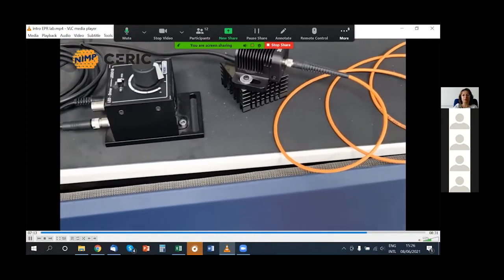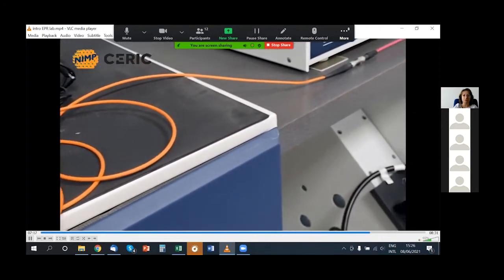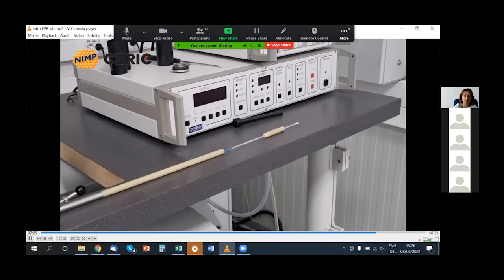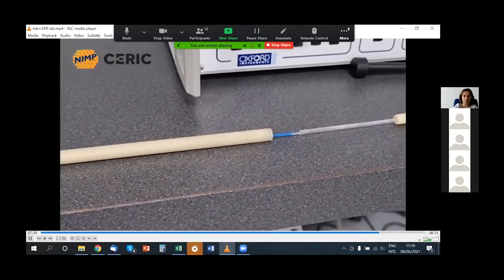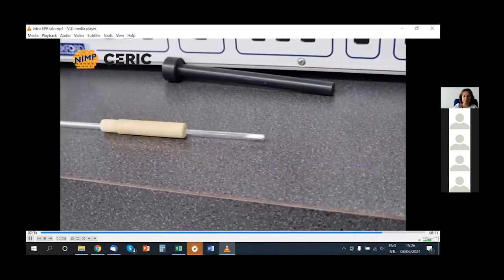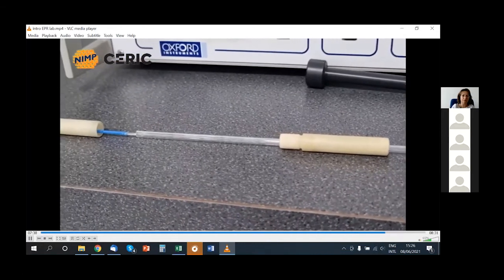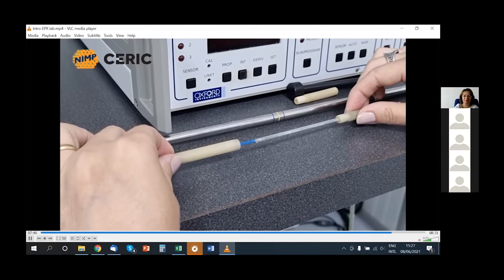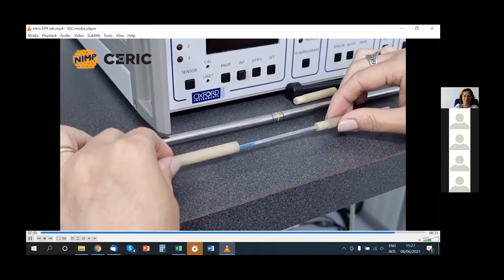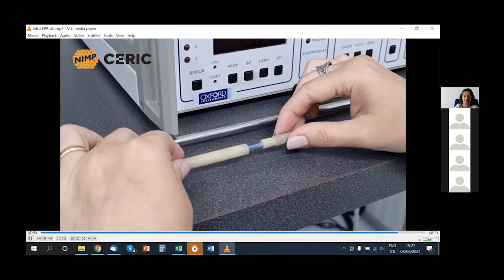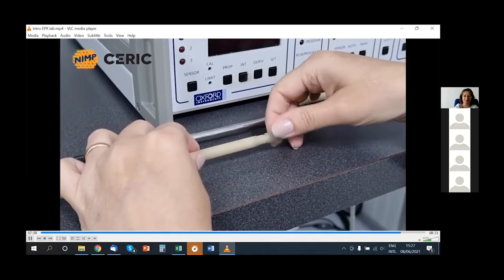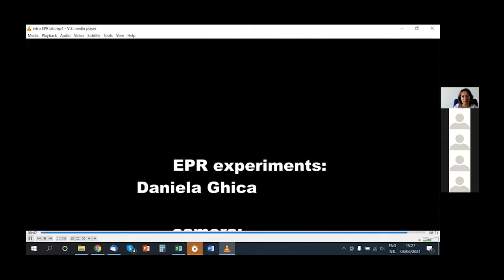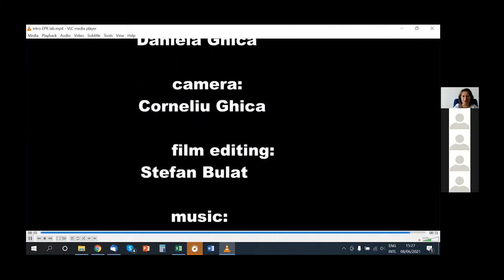So we have here a UV LED, the optical fiber going inside the sample holder. And I hope you enjoyed the music.